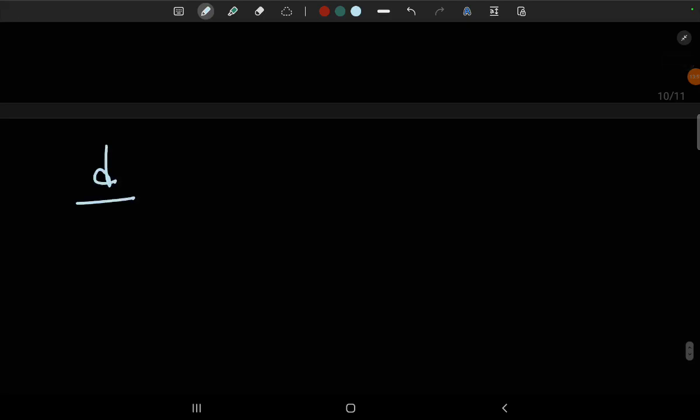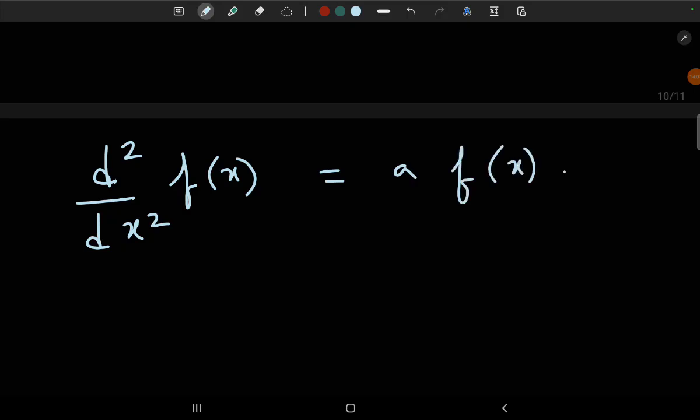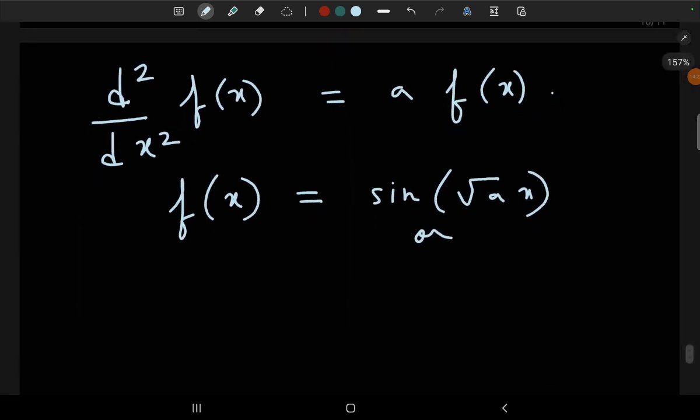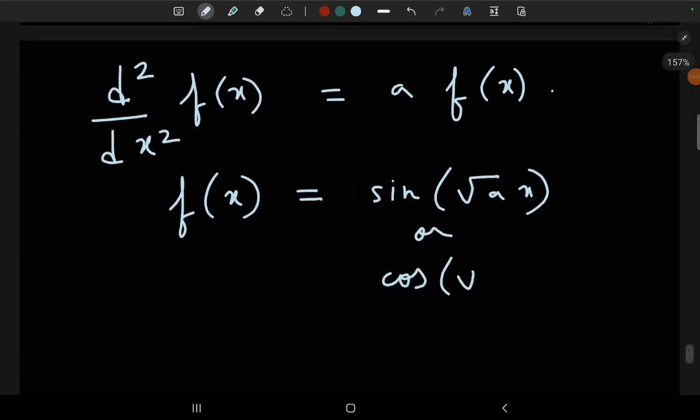What about a double derivative operator? A double derivative operator will act on f of x to give some a times f of x. And you can notice that this f of x is some sine root ax or cos root ax.